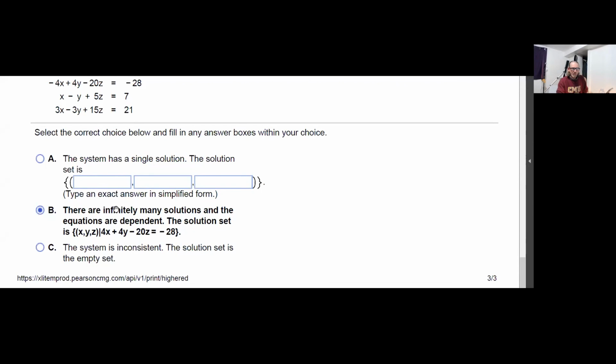Here's how that would get expressed on MyLab. I'm not exactly sure why they include this, because it could have been any one of the equations. Really, equations 1 and 3 are multiples of equation 2.